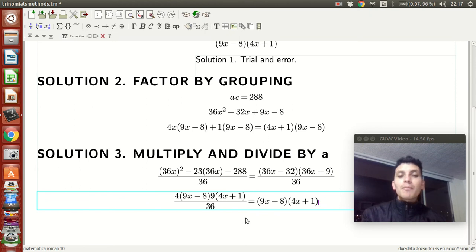Factor by grouping is more like applying another factoring method, and multiply and divide is quite similar to transforming the trinomial. So choose the best method for you, and I hope that you enjoy this video and you learn how to factor trinomials. If you want to check each method on its own, check the other videos.